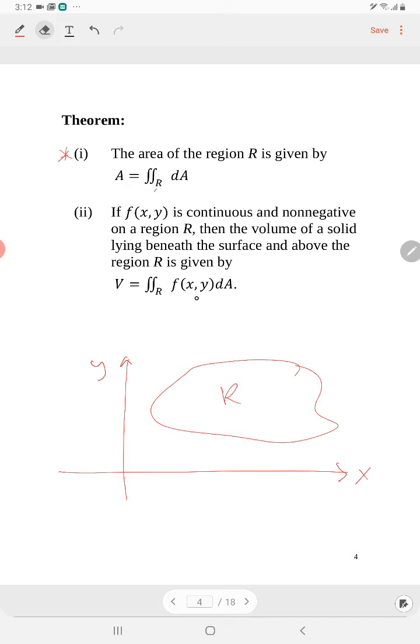So when you integrate f of xy over region R, that will give you the volume of the solid. But if we only have dx dy, which is dA in general, but it can also be dy dx, integrating over region R will give you the area of region R. Okay, so we have two theorems there. You do need to remember this, especially the area of region R is double integration of dA over region R, where dA can be dx dy or dy dx. And this is the volume of a solid using double integral, the formula.